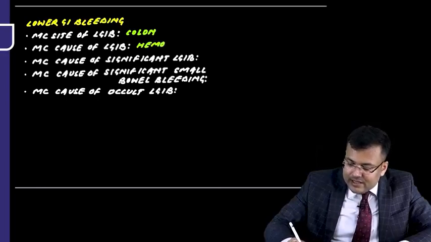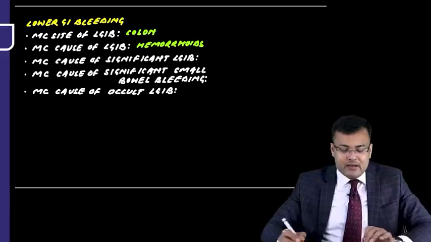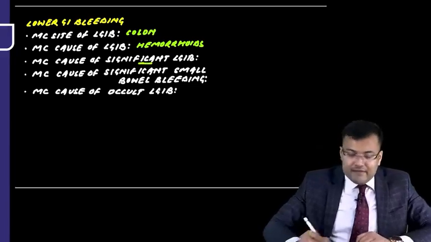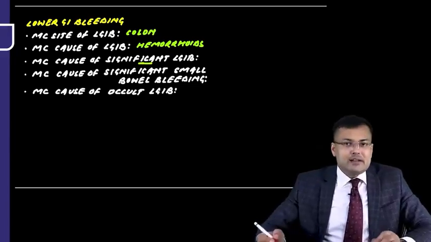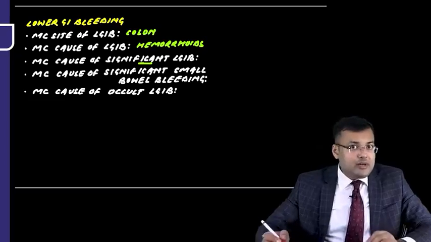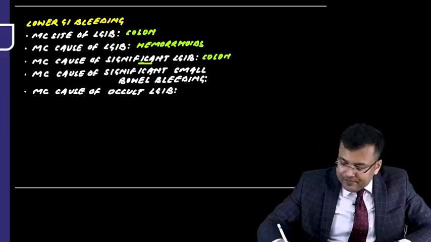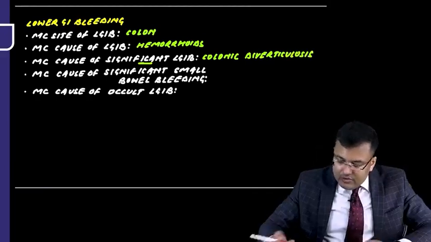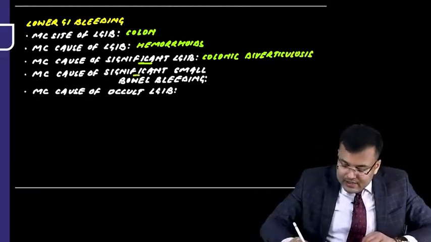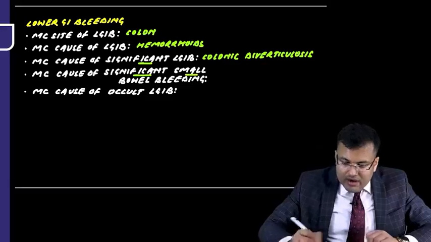But how much bleeding is there? 1 ml, 2 ml, 5 ml, something like that. So what is the most common cause of significant lower GI bleeding, where 100 ml, 200 ml or 300 ml of blood is coming? That is colonic diverticulosis. Clear? What is the most common cause of significant small bowel bleeding?